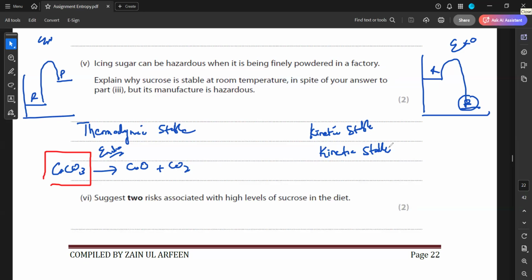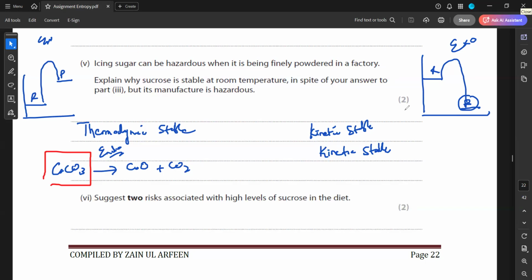The best example to understand kinetic stability is the mixture of petrol and air or oxygen. If you take petrol and transfer it into a small beaker, it won't catch fire by itself. But the moment it is ignited or any spark is there, the whole petrol will burn.